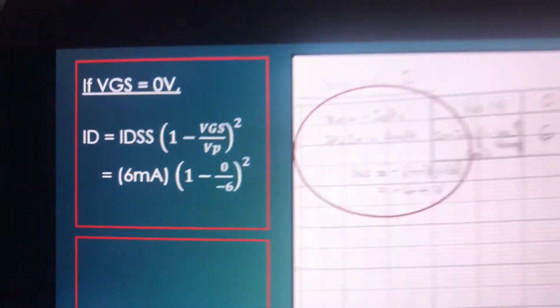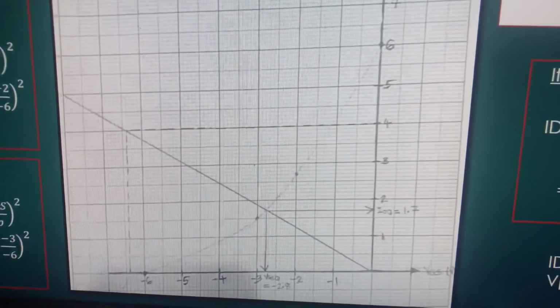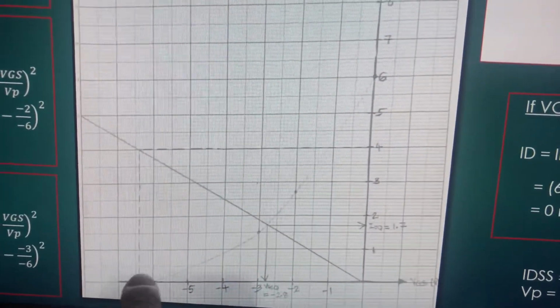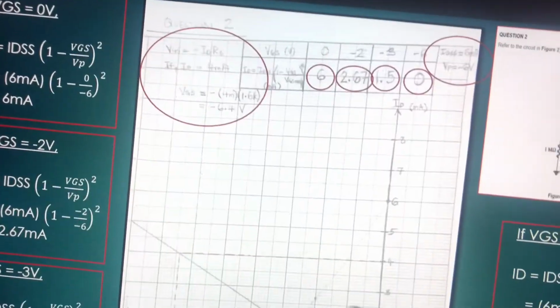So we can get the value is 6 milliampere. Yes, we can get this plot graph, and 4 is this 4 milliampere ID.